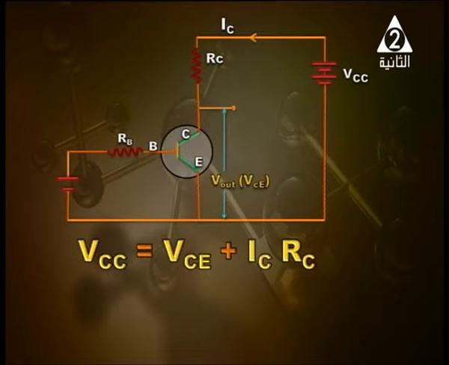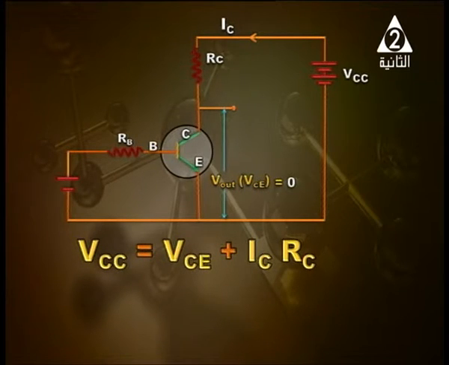Once again, the base is connected to the positive terminal. In this case, the output voltage is equal to 0. The question is why? Current passes through the base. A large current passes through the collector, and this means ICRC is very huge.